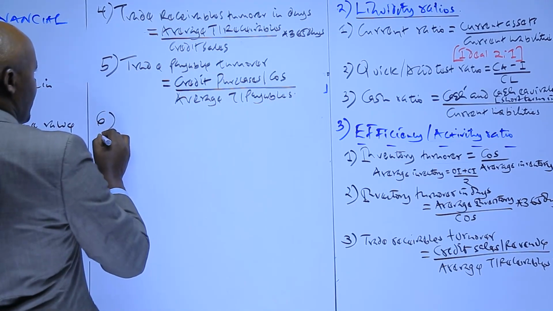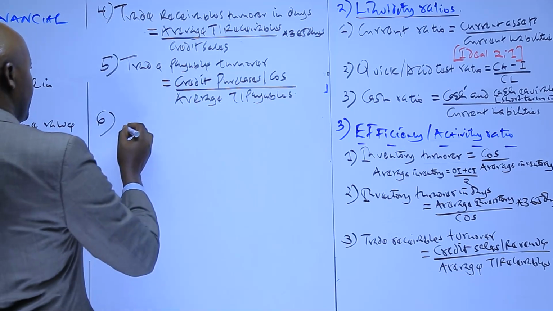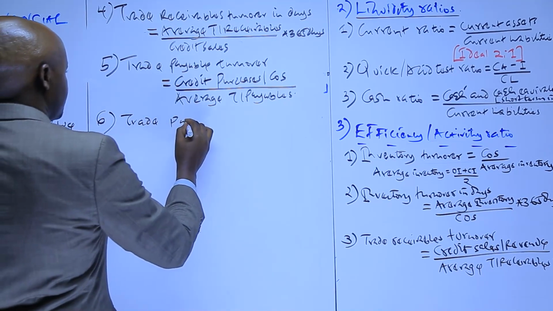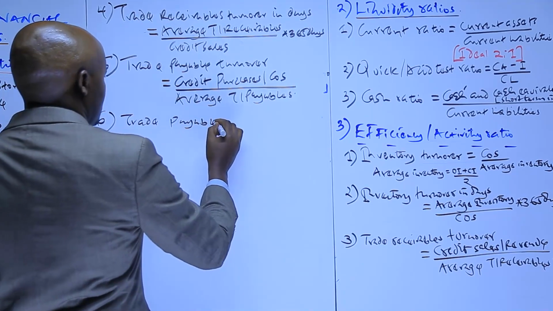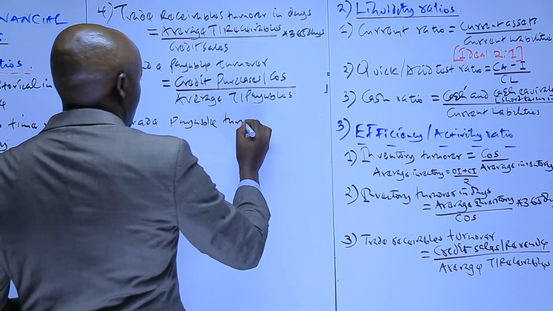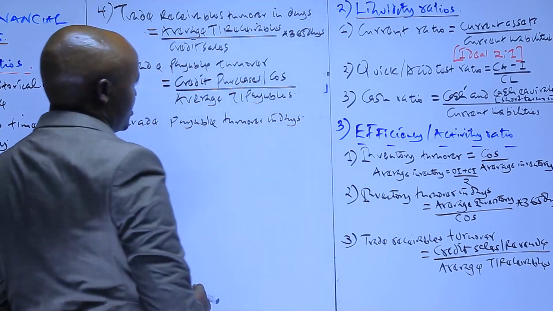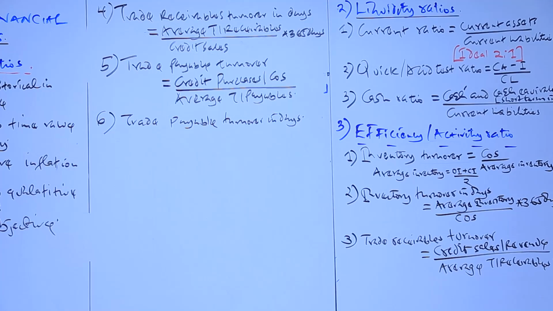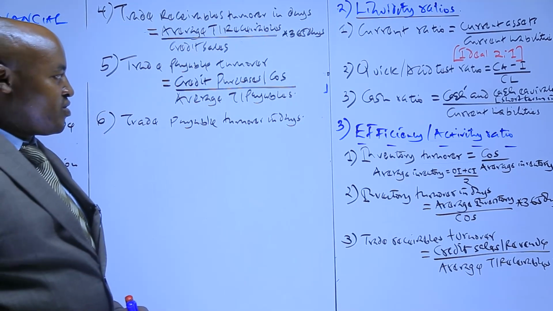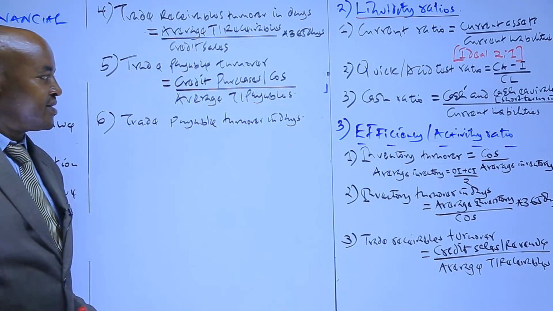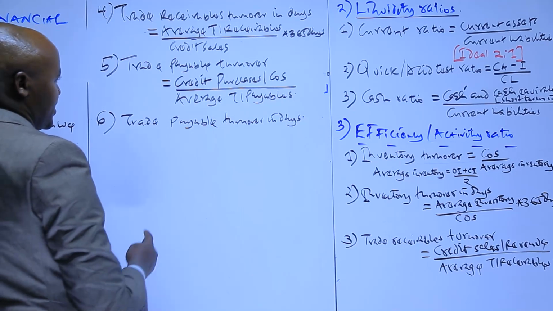And then we also have the other efficiency or activity ratio, which is the trade payables turnover in days. In other terms, this is also known as the trade payables payment period. It is a ratio computed to determine on average the number of days the company is taking to pay the suppliers or the creditors.